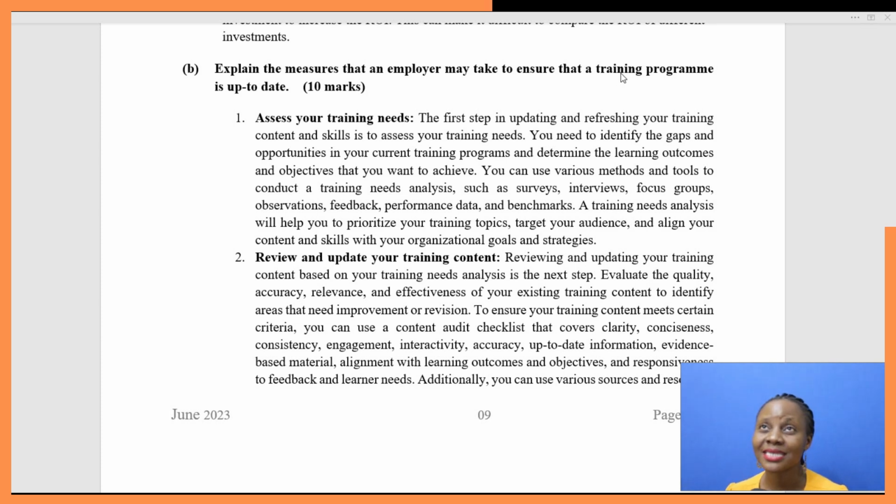If you use training content this year and then use it next year, you are being unfair to your employees because things keep on changing. What is learned this month might not be needed next month. So ensure you review and update your training content.